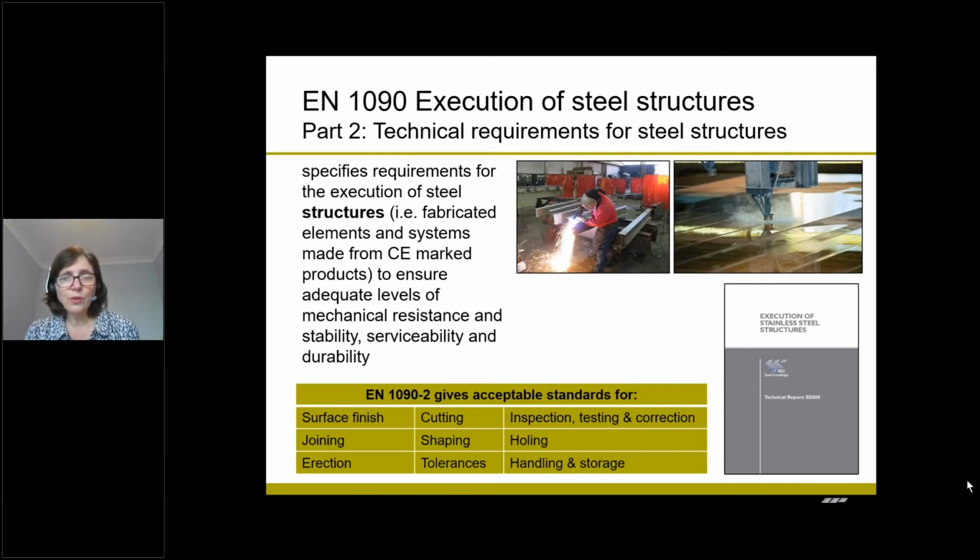But to avoid that process of having to clean it off, it is much better to avoid the contamination in the first place. So there are clear rules given in EN 1090 Part 2 about how you might do that in each stage of the process.